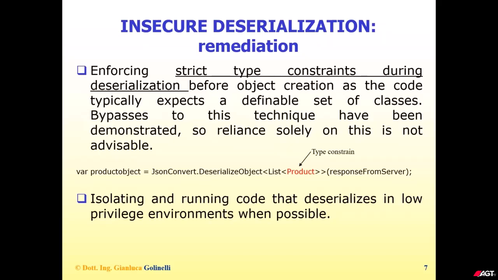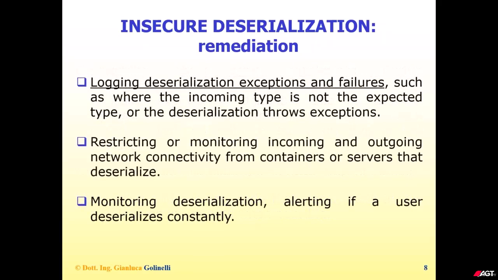It is also recommended to rely on standard, tested and validated components and libraries for deserialization, and to do a type check when calling the method that deserializes. Other useful indications to counter the risk include the use of log and monitoring mechanisms for deserialization.